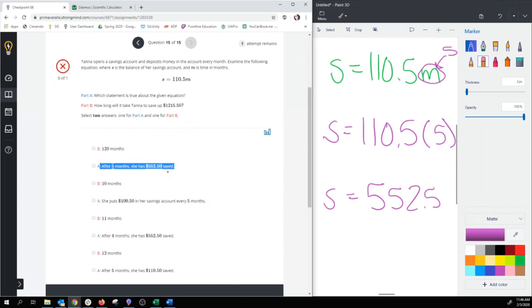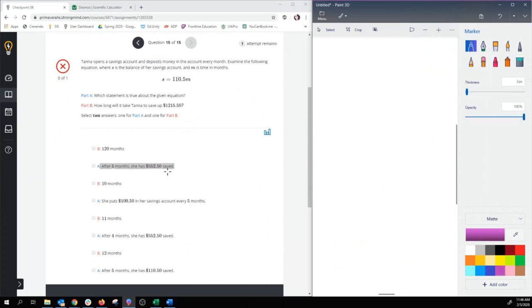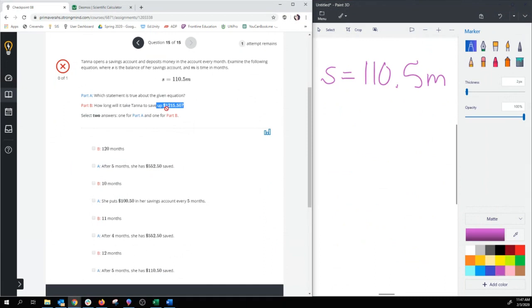All right, so for B, we're going to use the same equation, but now we're given a different number. So S equals 110.5 M. B wants to know how long will it take Tana to save $1,215.50, right?